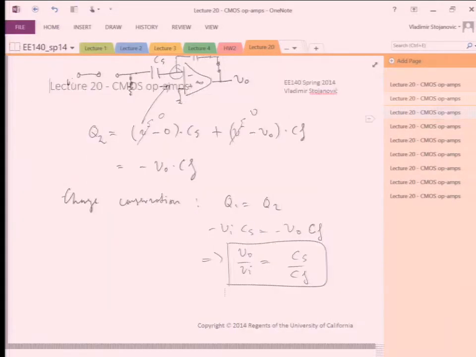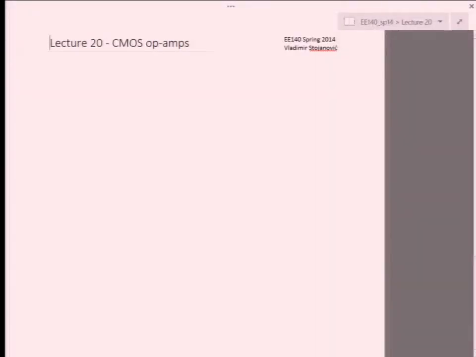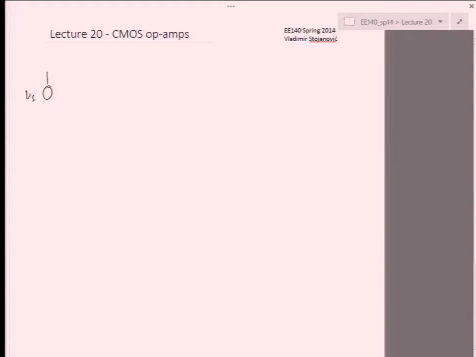Now, if we take a look at a little bit more realistic scenario, the way I would really build the switches, let me do VI. And then I2 is here. This would be here. I have my amplifier. Now, in this case, it has some gain.